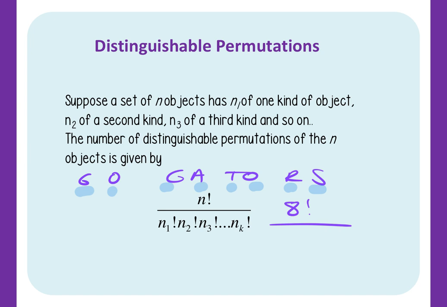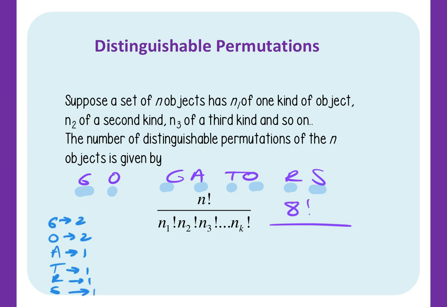And then I could list out every distinct letter in that set and say how many times it occurs, factorial. So I could do this, don't do this, but I could do this. G, O, A, T, R, S. G has 2 times, O has 2 times, A has 1 time, T has 1 time, R has 1 time, S has 1 time.